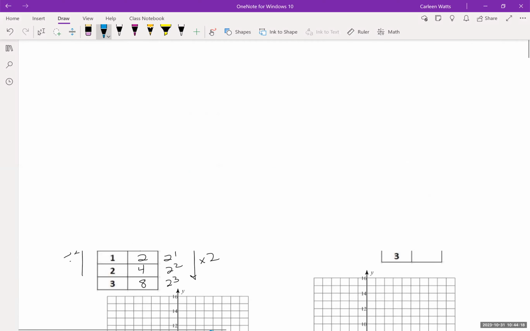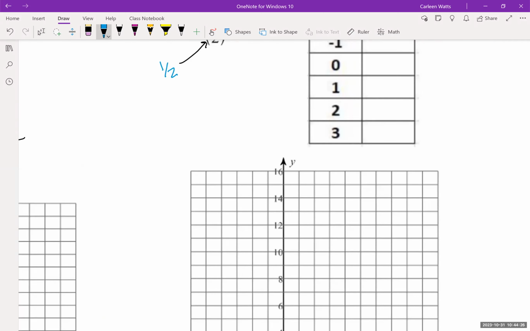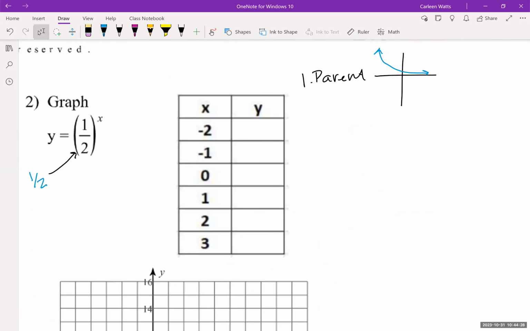Okay, so you should know how to plug those in with your calculator. Now let's practice. Number 2, parent graph, airplane coming in for a landing. Okay, table. 1/2 to the 0th power.